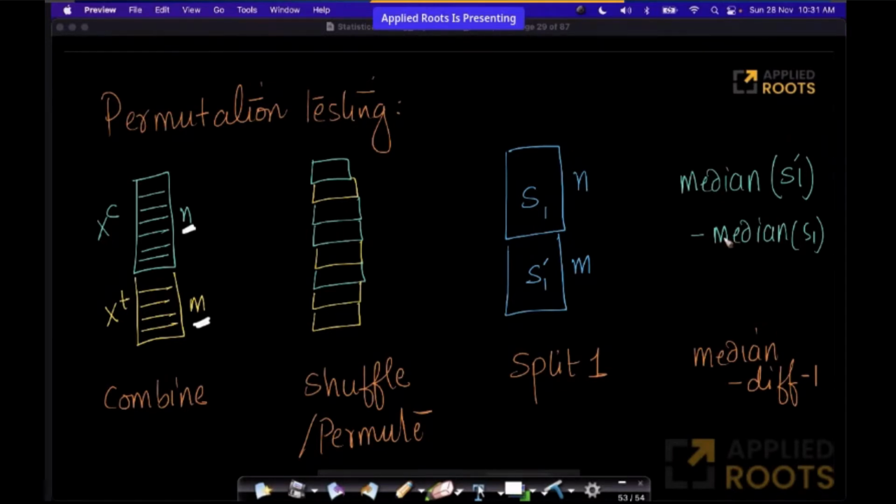Let's call it median difference 1, because this is split 1. Remember the steps: you combine the data, you permute or reshuffle, then you resample the data, break it into 2 parts, and compute the difference between medians. Now what you got is median difference 1.